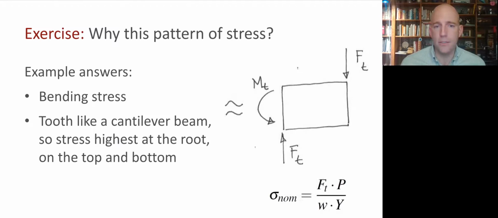It looks like this: the stress is the tooth force times the diametral pitch divided by the face width times Y, which is the Lewis form factor. It's an empirical value that captures things about the cross-sectional area moment of inertia of the tooth and the stress concentration effects. And if you manipulate these things, they look really similar.